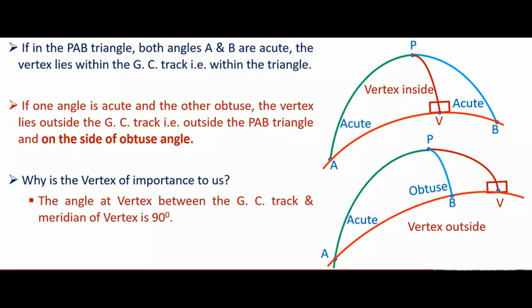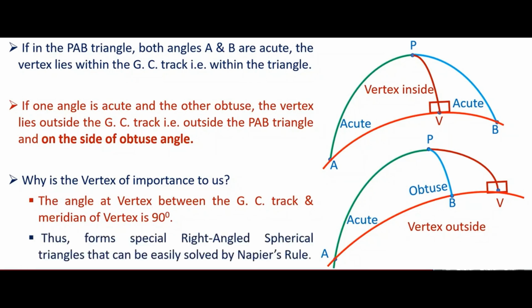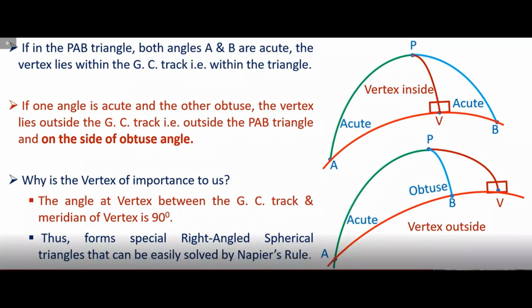This angle at the vertex between the GC track and the meridian of the vertex is 90 degrees, which is a very, very important feature. Why? Because this gives us a special spherical triangle, which is called a right-angled spherical triangle, and such triangles can be much more conveniently solved using Napier's rule.